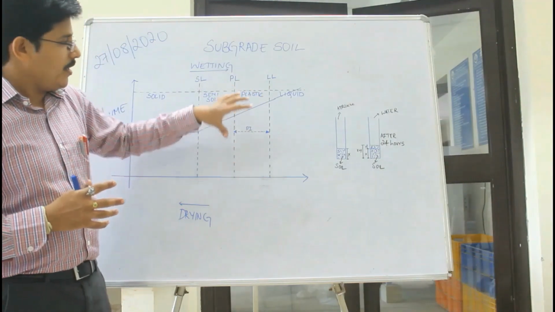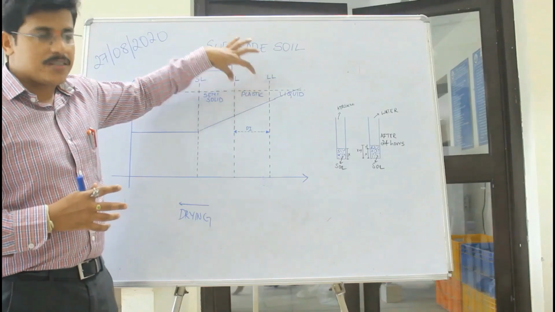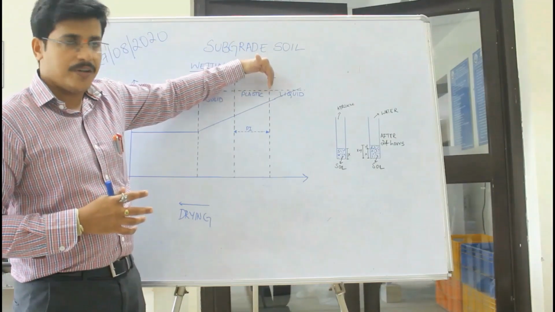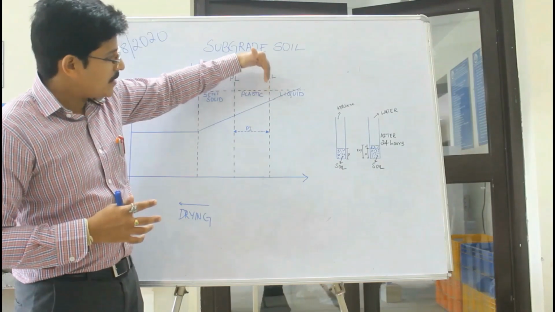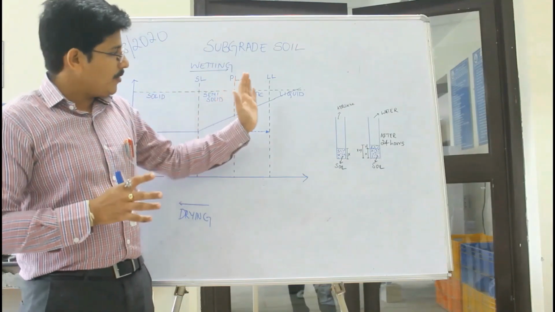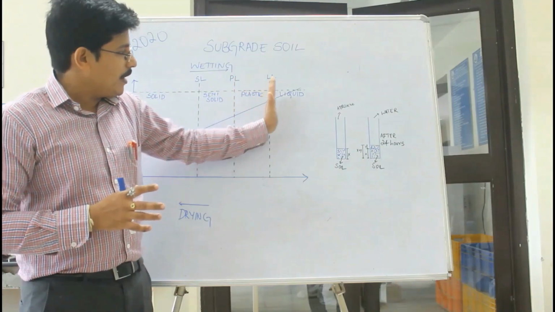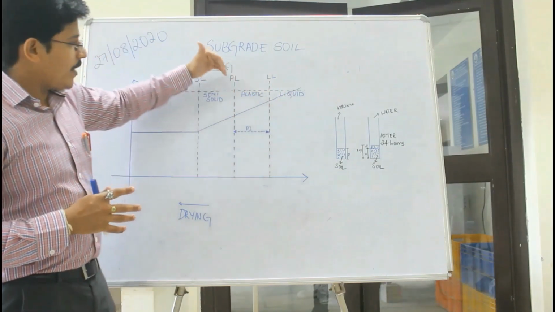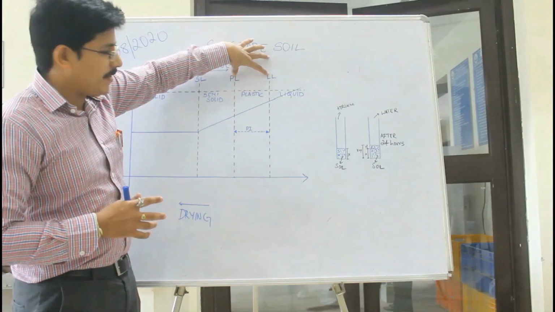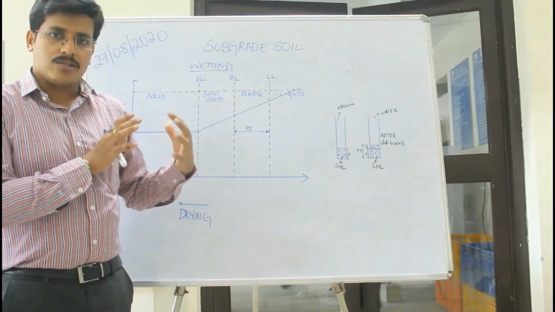It becomes sticky and very difficult to work with. Similarly, what is liquid limit? The liquid limit is the minimum water content where the soil has a tendency to start flowing. It can start flowing when the water increases beyond the liquid limit. So this way, the PL and LL are most commonly used in soil tests for any highway engineering soil selection.